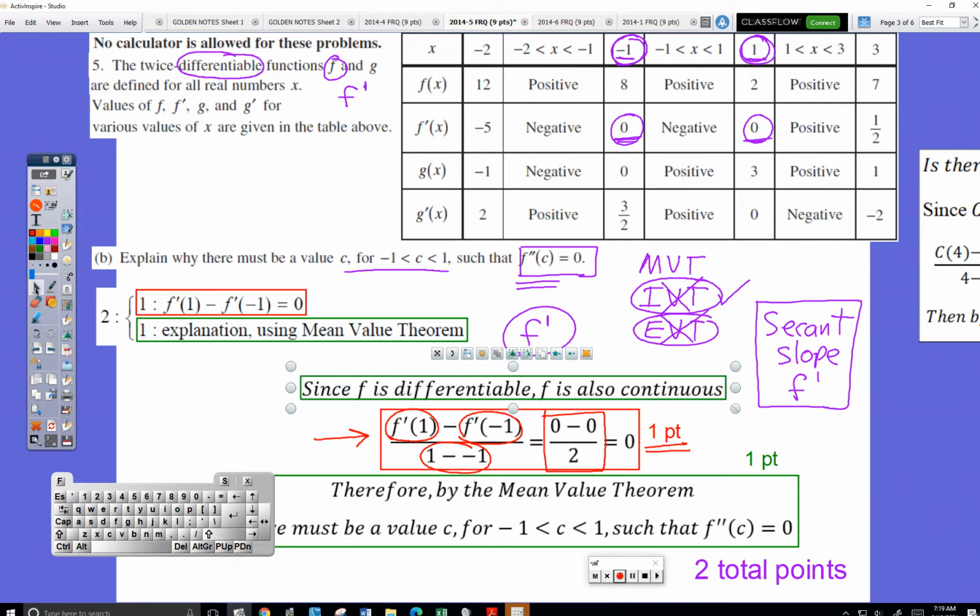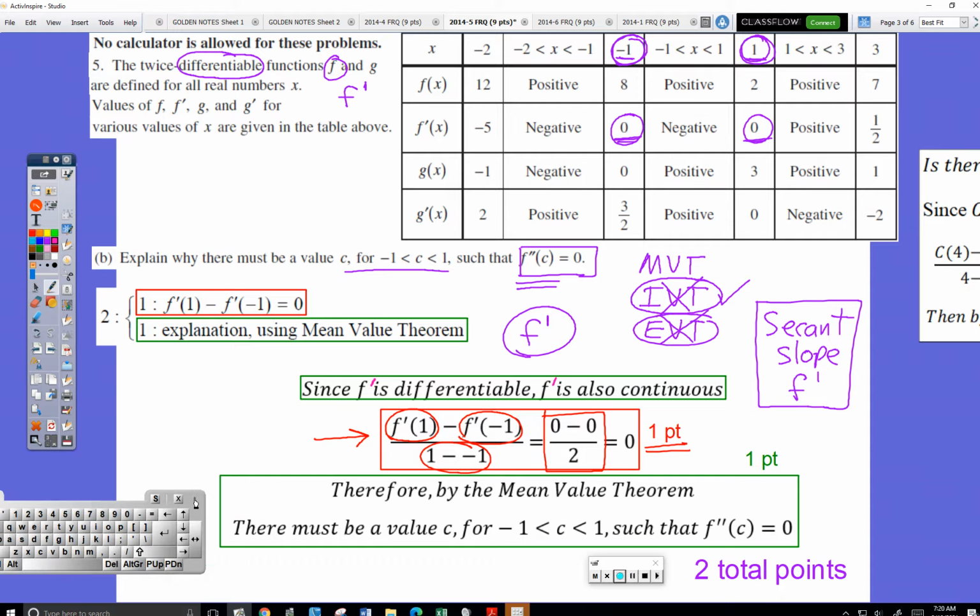You have to tell them why the mean value theorem is applicable. I really should have written f prime though, a little bit of a typo there. Since f prime is differentiable, that means f prime is also continuous, because the mean value theorem requires continuity and differentiability. Then you write the statement down here at the bottom.